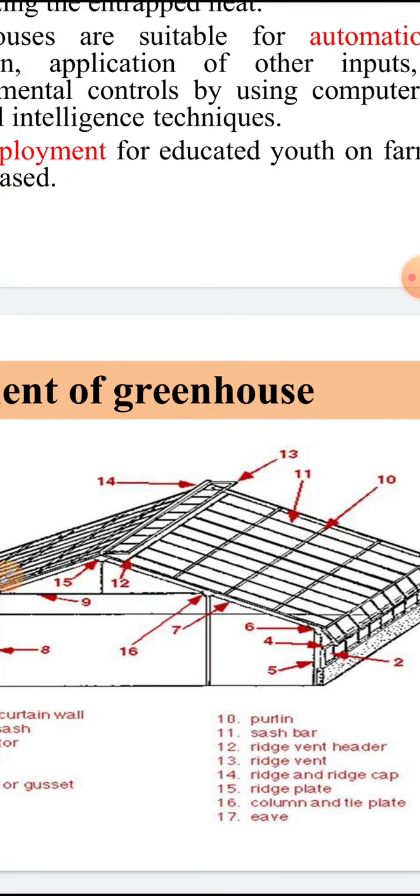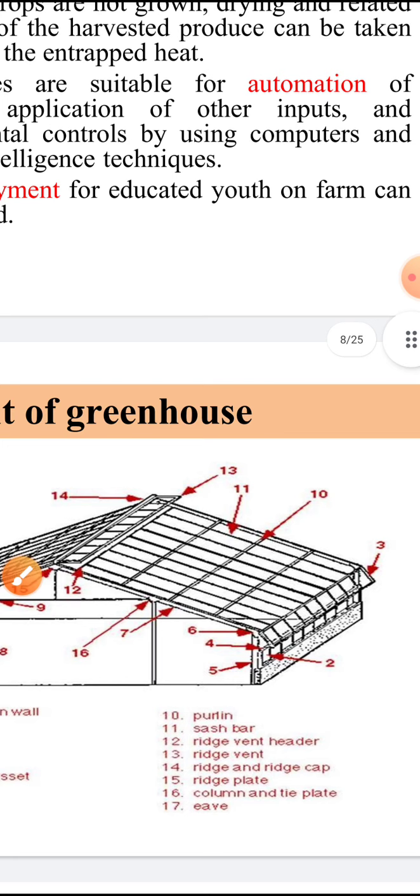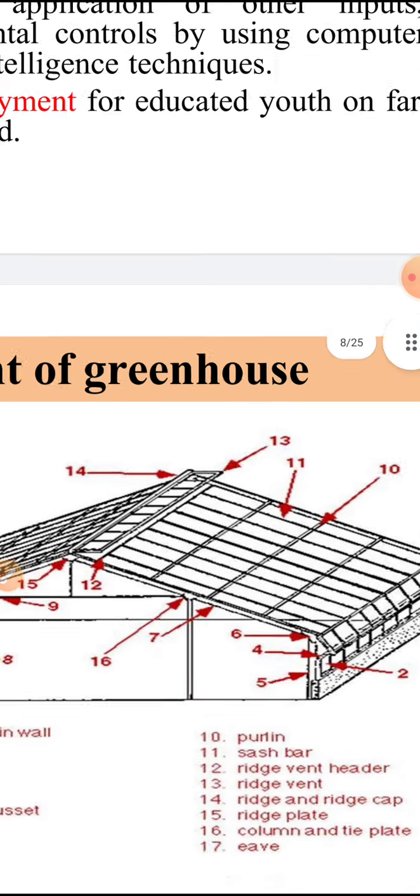Then 10 is a purlin. These are the purlin structures to support the upper rafters and the outer covering material. Then 11 is a sash bar. Then 12 is a ridge vent header.